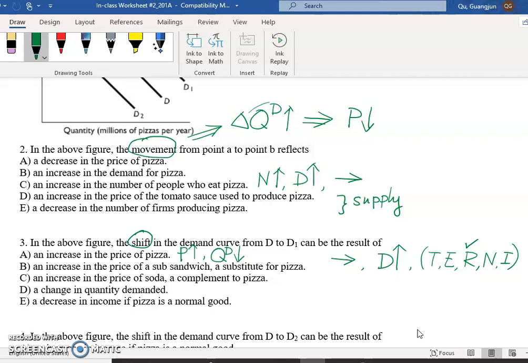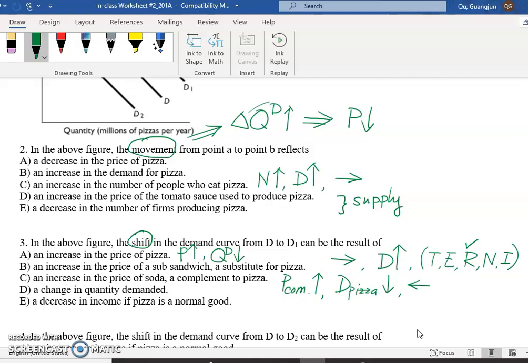All right. C, an increase in price of soda, a complement to pizza. So here, again, the price of the complement is higher, right? So the bundle, which includes soda and pizza, would be more expensive. So the demand for pizza, okay, the demand for pizza is going to go down. So we're going to see a leftward shift of the demand curve, which is not the case showing on the graph.